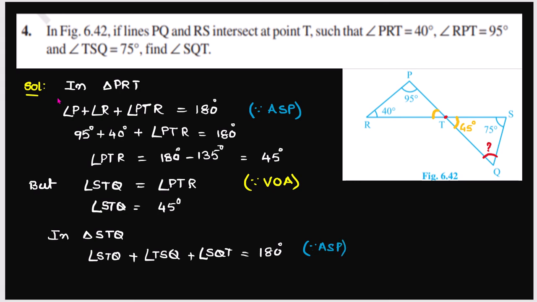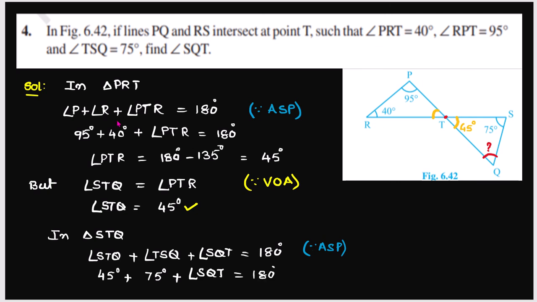From this, angle STQ we have already got, that is 45 degrees. So we write 45 degrees plus angle TSQ, already given in the question, that is 75 degrees, plus angle SQT, the required angle to find. We write it as it is, equals 180.